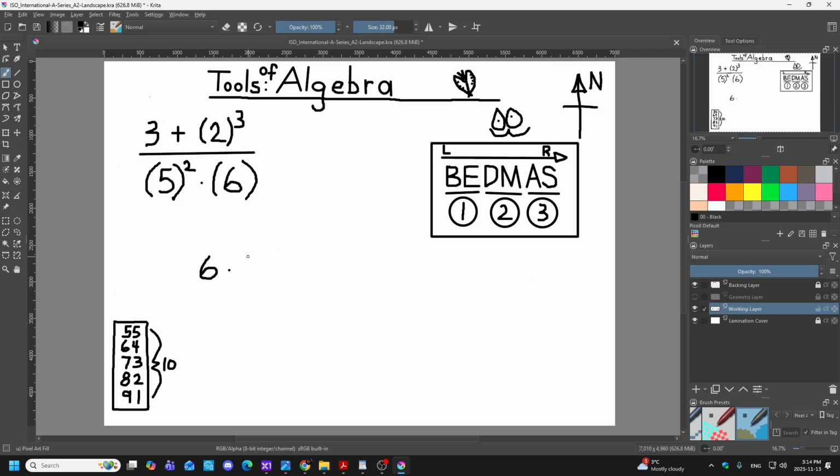Now recall, it doesn't matter what order you do multiplication, as long as you don't miss any steps, you should have the same answer. I could also write this as 6 times 5 times 5 in brackets if I want. It's all the same.